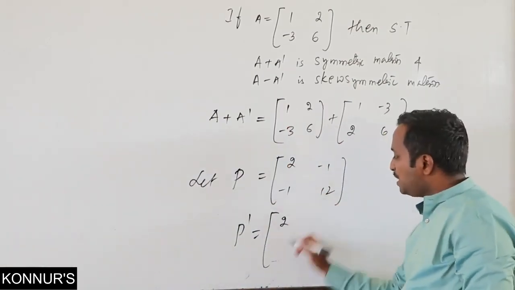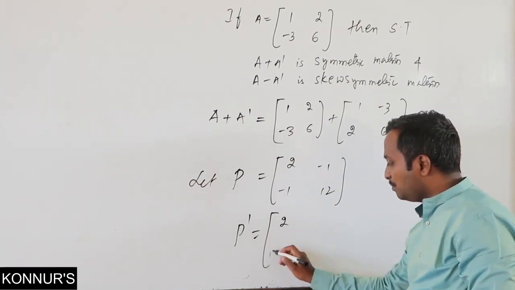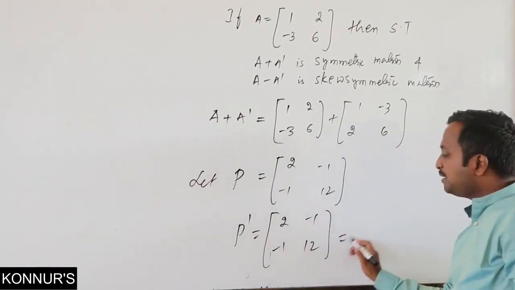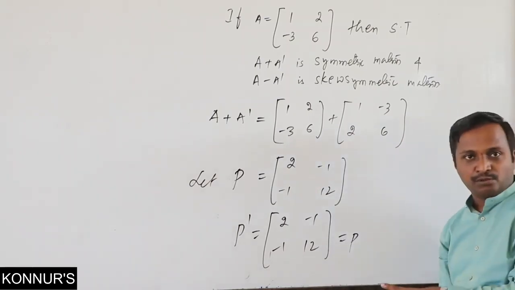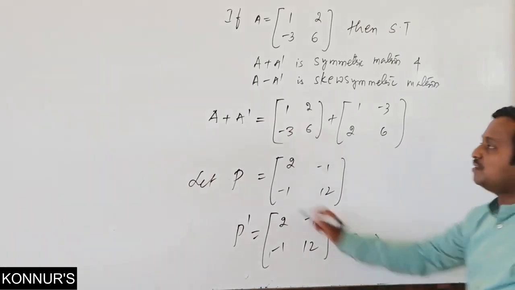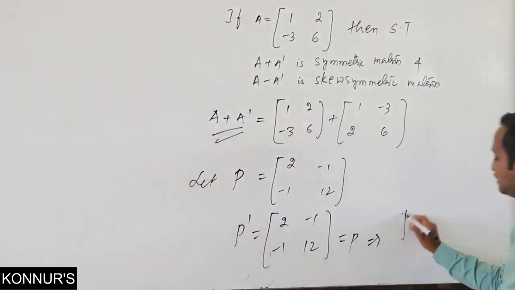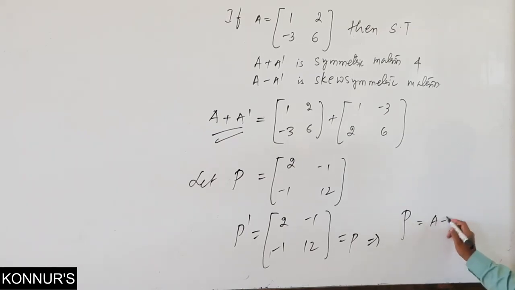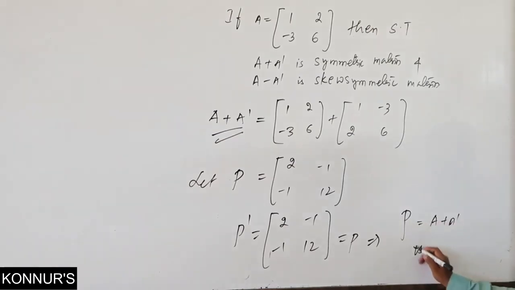Row becomes column, column becomes row. Both are same. P dash equal to P. Therefore P is symmetric. P means what? A plus A dash is symmetric.